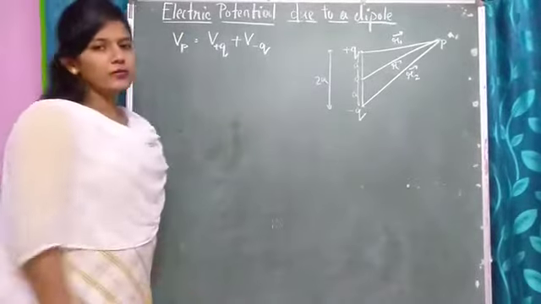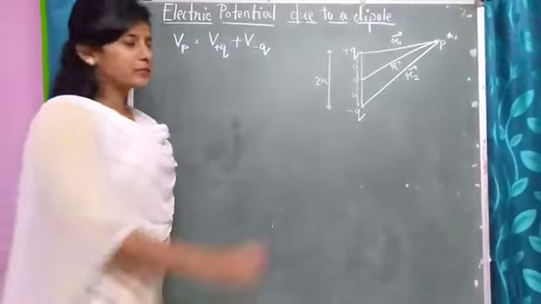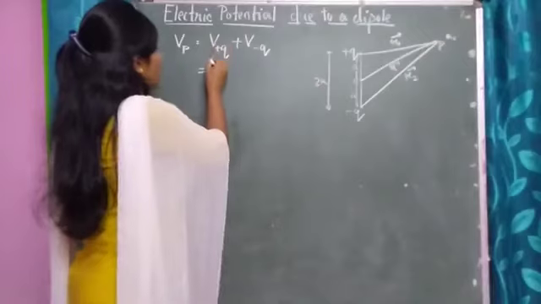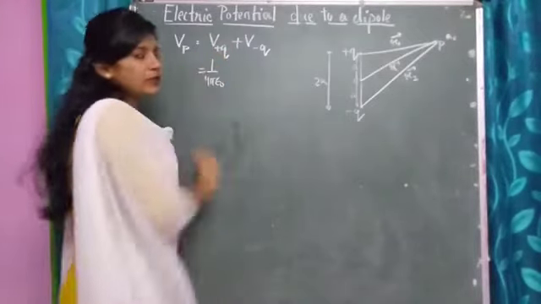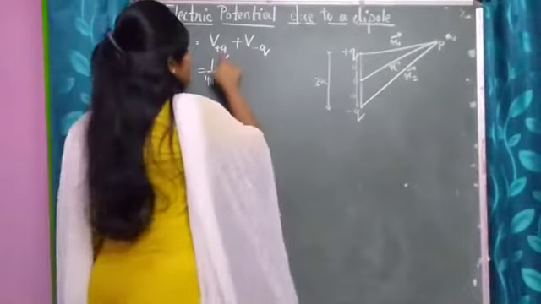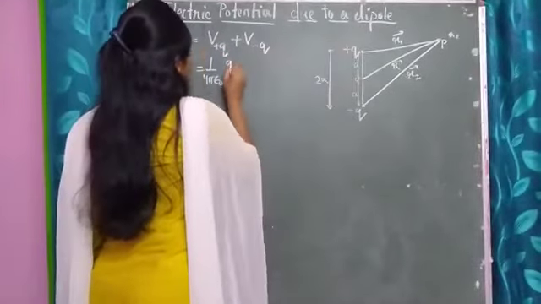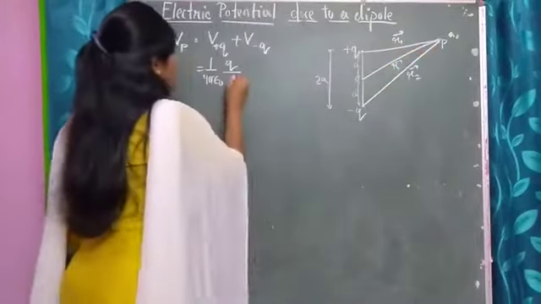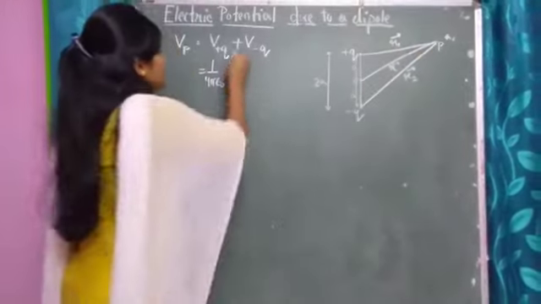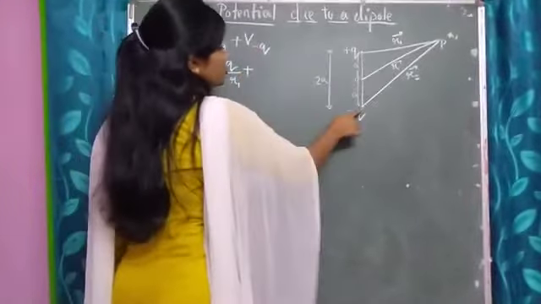So what is the electric potential formula? 1 by 4 pi epsilon naught q by r. So I will write 1 by 4 pi epsilon naught, and in place of q, since this is due to plus q, I will write q by R1, the distance between them.